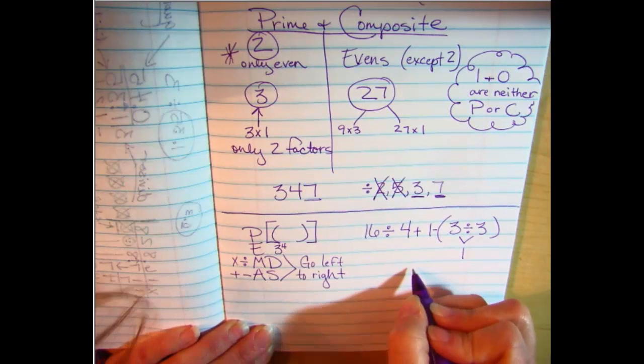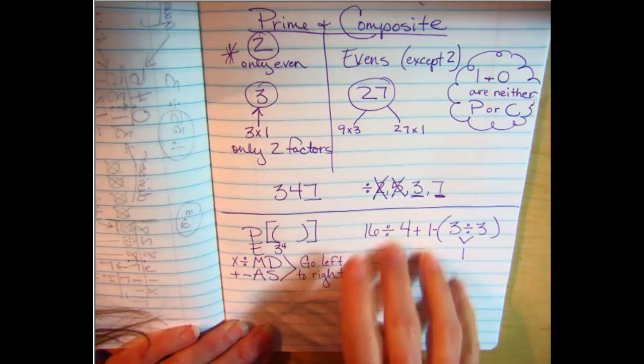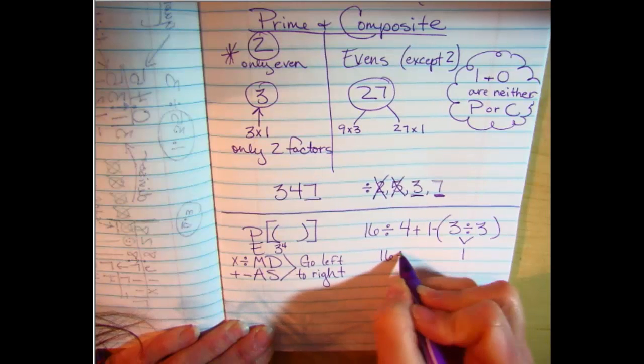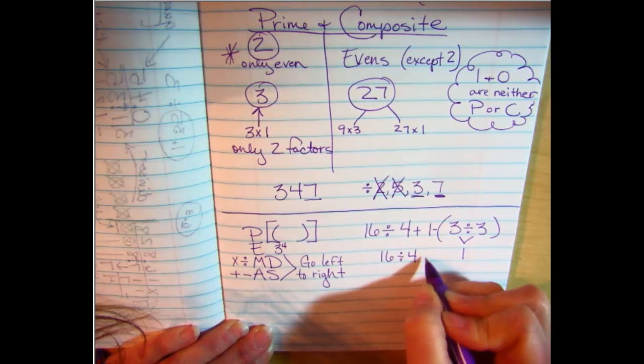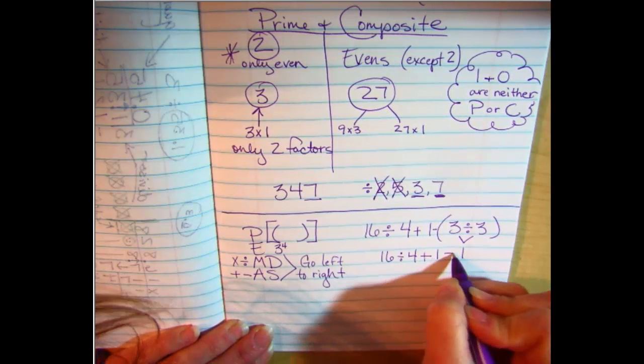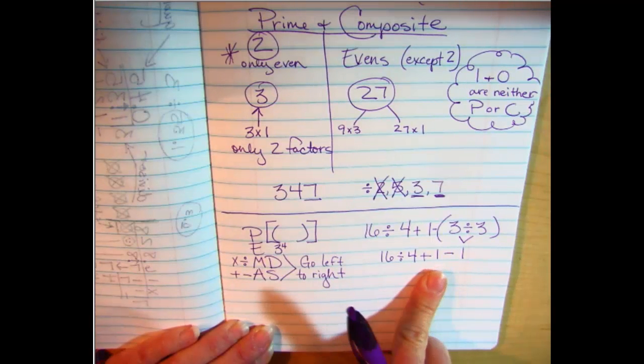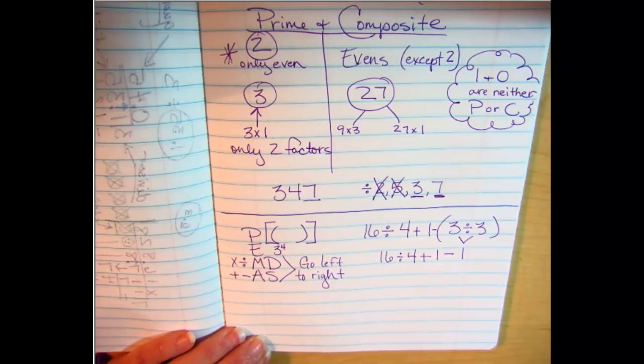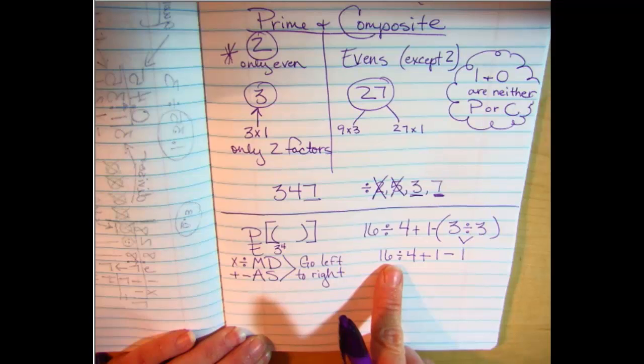And just like when we play Candy Crush, what happens to all the numbers? They all fall down. So we're going to bring down the 16 divided by 4 plus 1 and the subtraction symbol. What comes next? No, not subtraction. Division comes next.